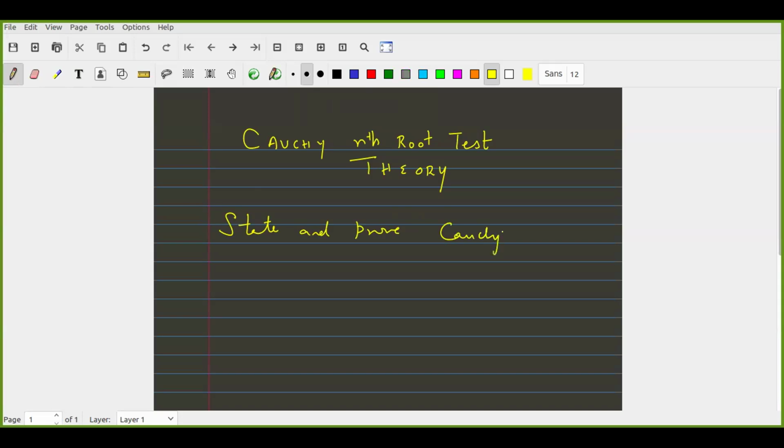Cauchy entropy test. So we state the theorem in this way.